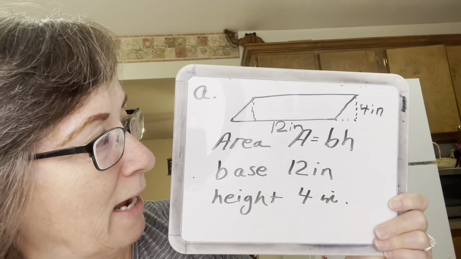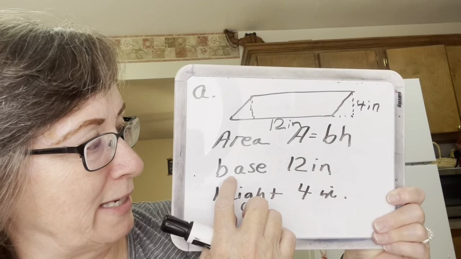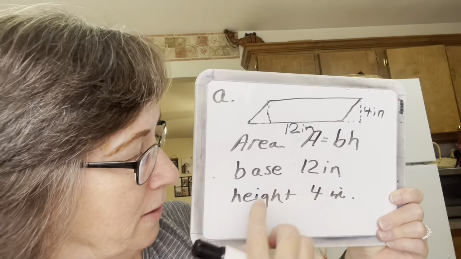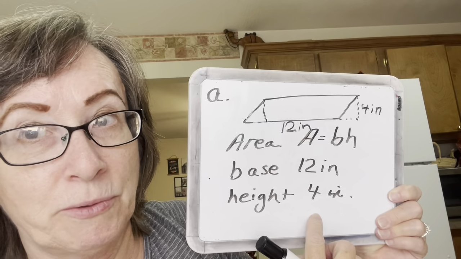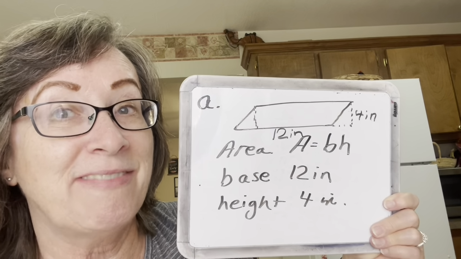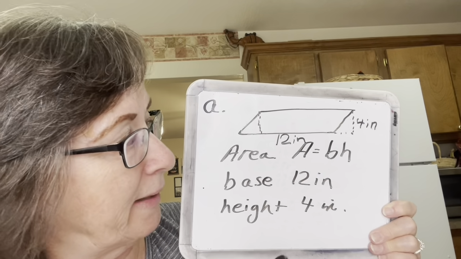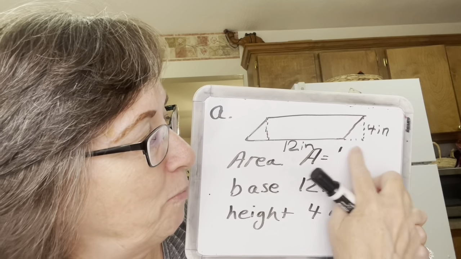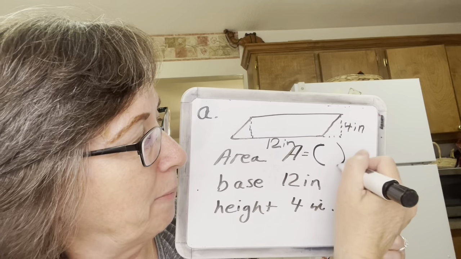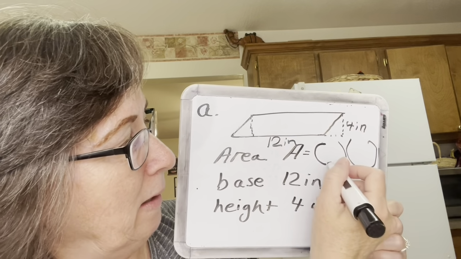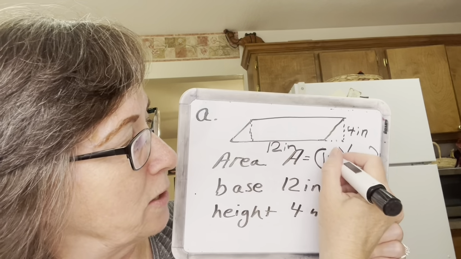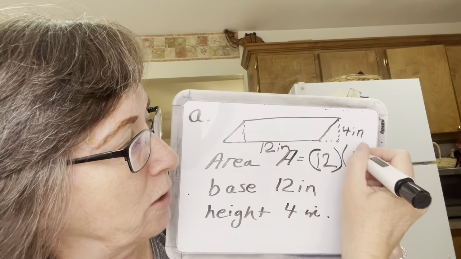Okay, so now area is base times height, and then they're saying, what if the base were 12 and the height were 4? So we're going to evaluate the area based on these 2 variables that they gave us. So instead of B times H, I'm going to put B, which was the base, which was 12, times H, which was 4.